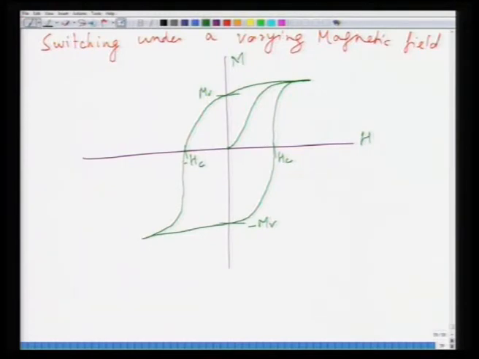And when you again bring the field back to 0, then again you have a similar state as you had at plus Mr, as minus Mr, and this cycle continues, and this is called a magnetic hysteresis curve, or ferromagnetic hysteresis curve, to be precise.